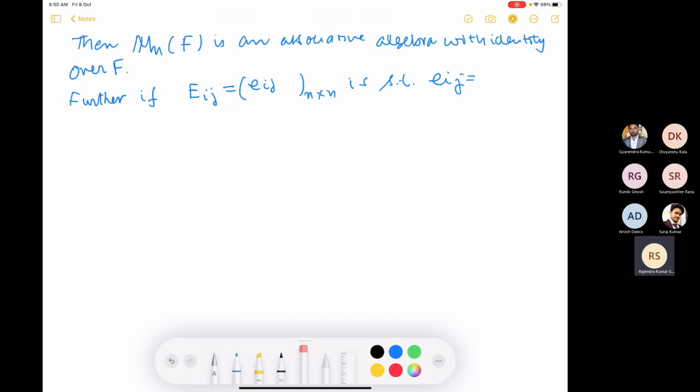Eij is 1, but this is not for fixed one. Let me write in words, that is better.